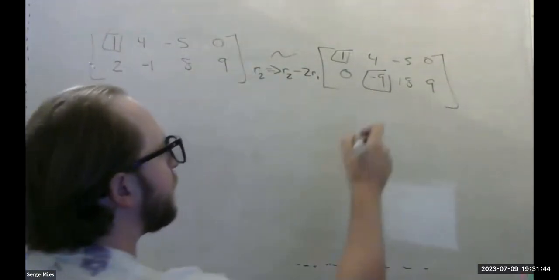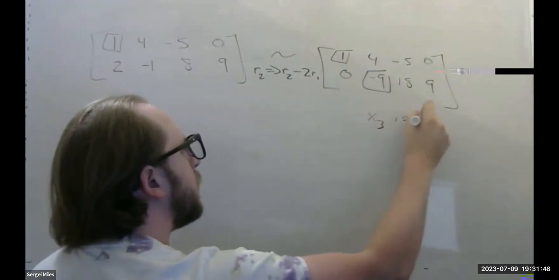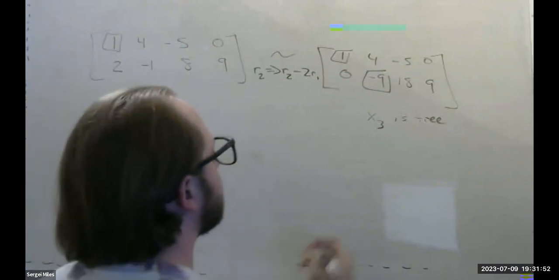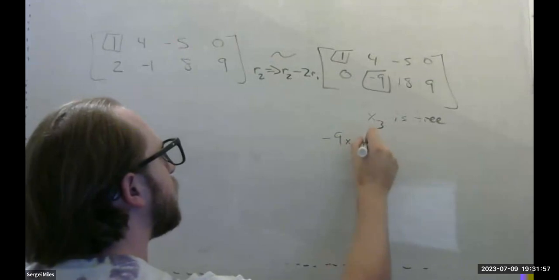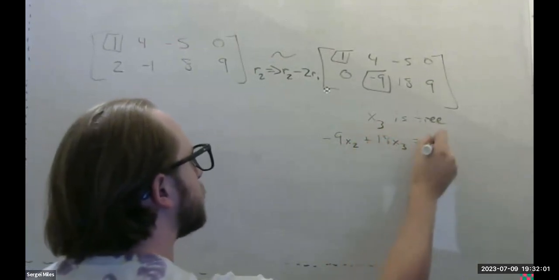The point I'm getting at here is that this is already in echelon form. I can't get more pivots, which means I can start writing out the equations. Okay, what do I have here? Well, x3 is free, so there's nothing to do with x3. What about x2? -9 x2 plus 18 x3 equals 9.